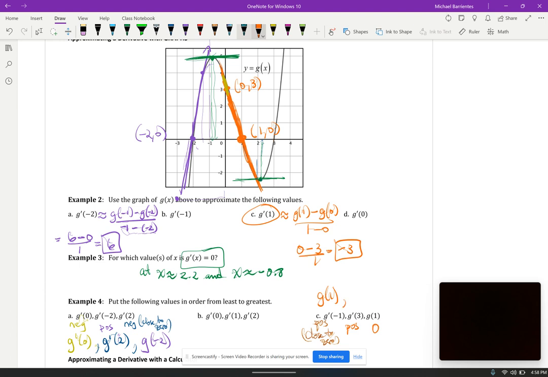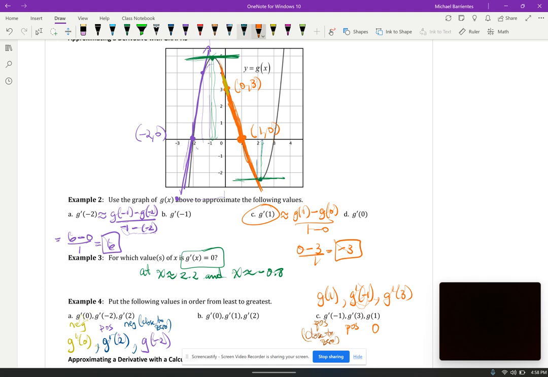And then I'm going to choose the one that's positive, but it's close to 0, so it's a little positive. And then I'm going to choose the one that's really positive as the maximum. So out of the 3, this is the order. 0 is the value. Little positive, close to 0, is the slope. Really positive is the slope. And I've put them in order.